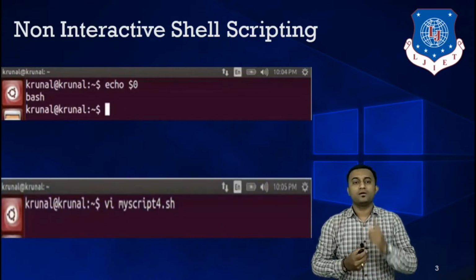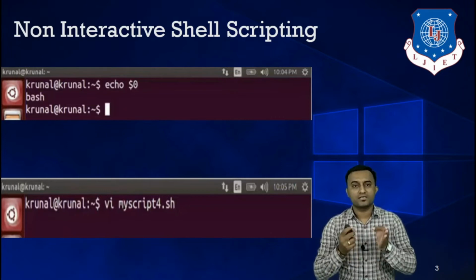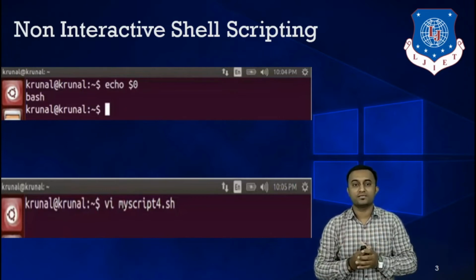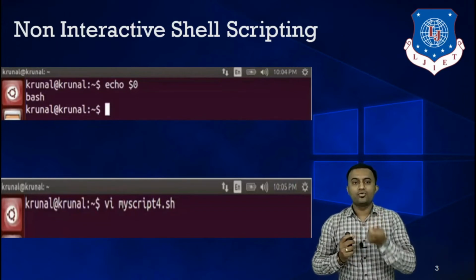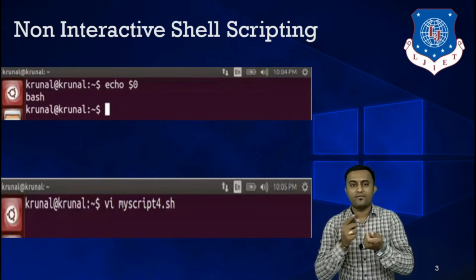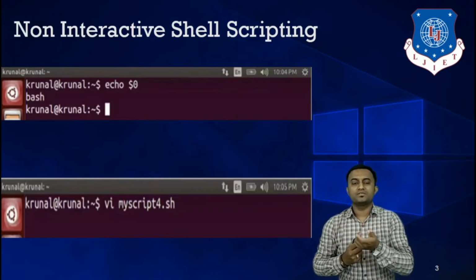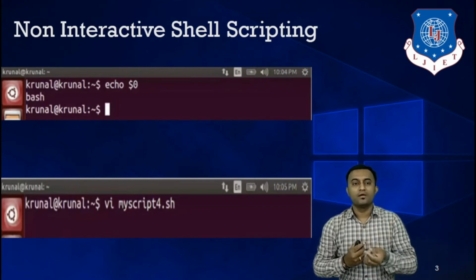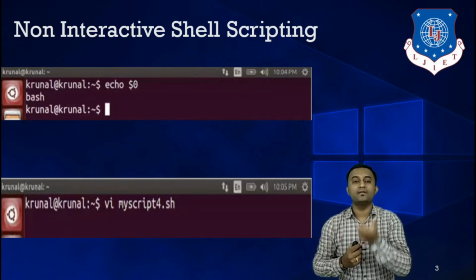Now let us discuss the non-interactive shell script. For that, we first need to create a shell script file. I have fired a statement which consists of various things. First is vi. At the terminal I have fired vi first.